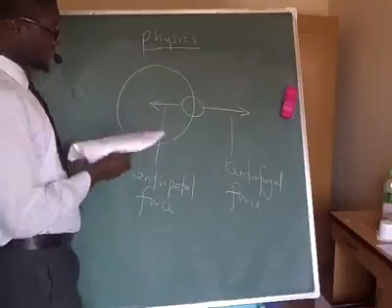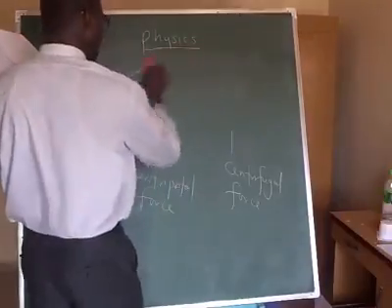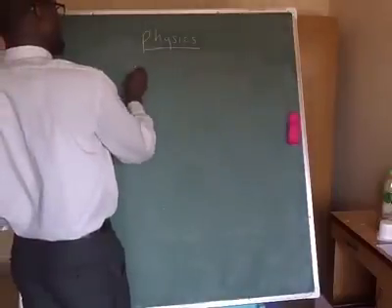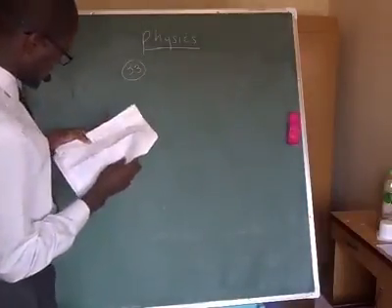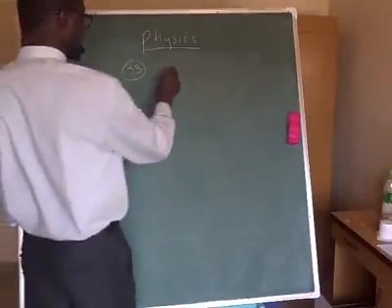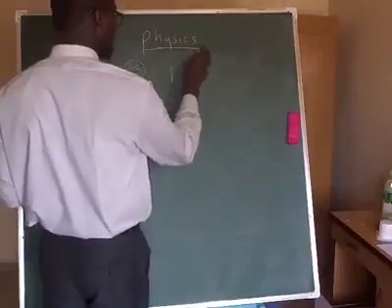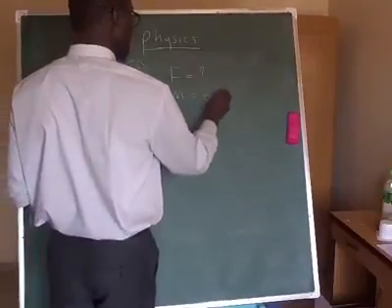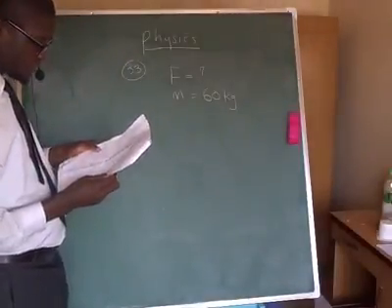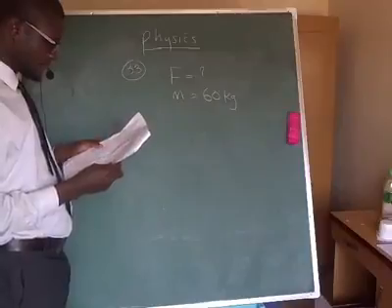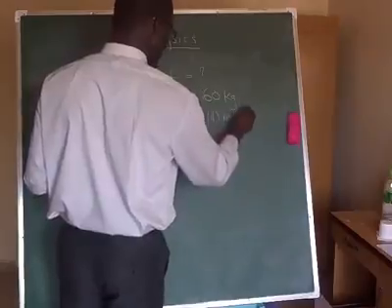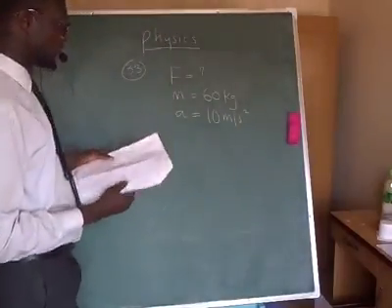Question 33 is also a calculation. What force has to be exerted on a mass of 60 kilograms to give it an acceleration of 10 meters per second squared vertically upwards?